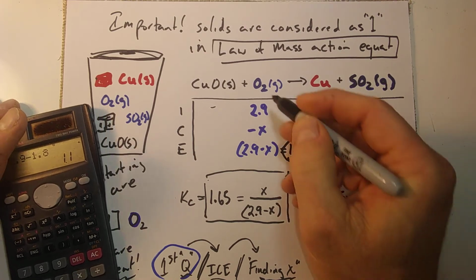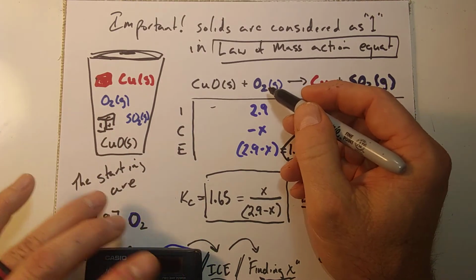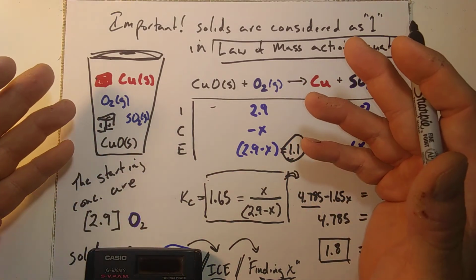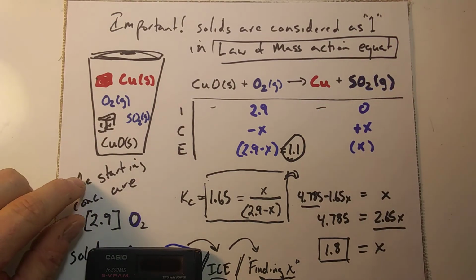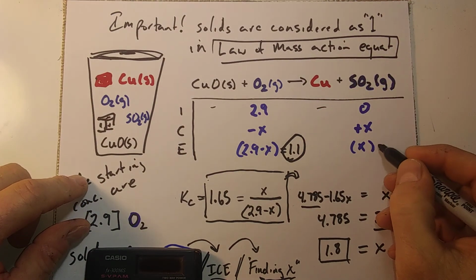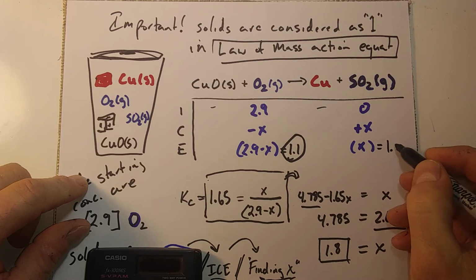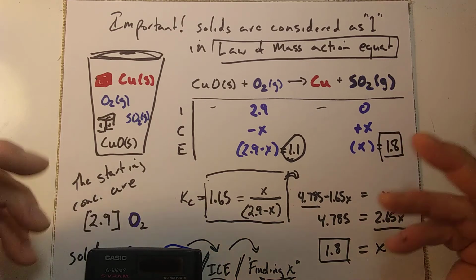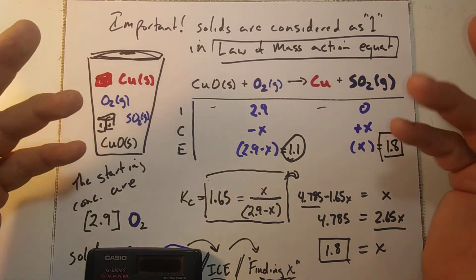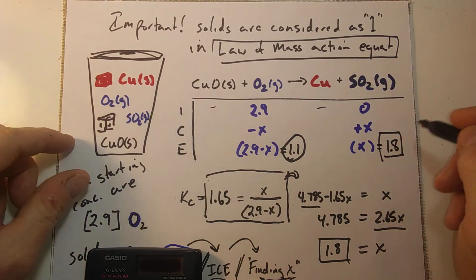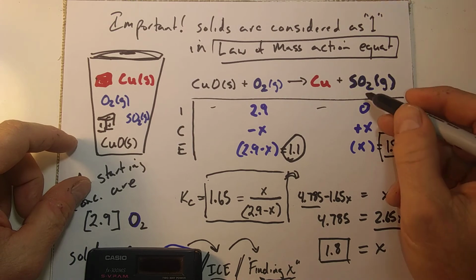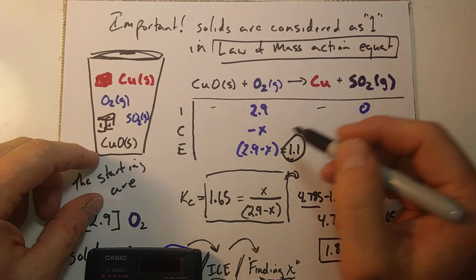There would be 1.1 molarity of O2 in this gas in this chamber. And of course, over here, our SO2 would be equal to 1.8. So if the question at the very end is asking what are the actual equilibrium concentrations of the gases, you'd say, oh, it's 1.8 for SO2 and it's 1.1 for O2.